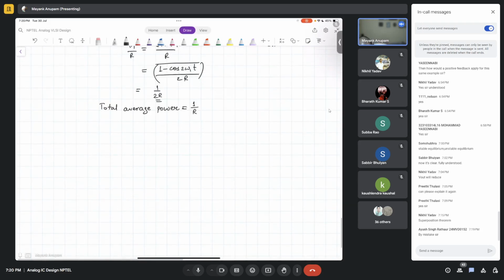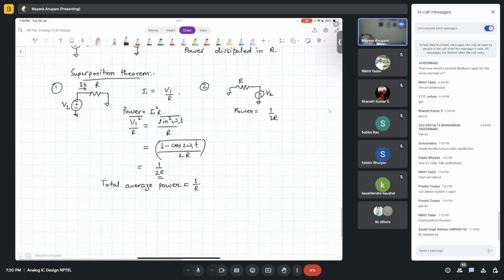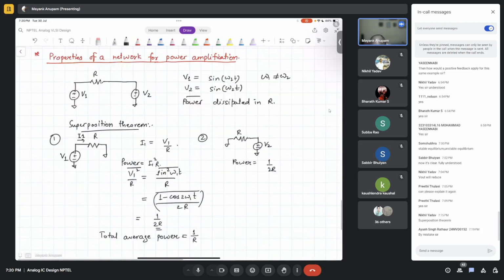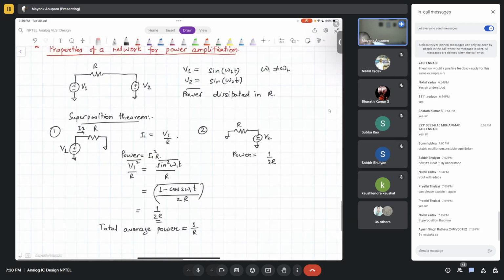Now tell me something. You said that the superposition theorem we can apply and we can find out the individual powers and then add those individual powers, right? Even if you didn't know the superposition theorem, you could have done this very easily. You know that the voltage across this is V1 minus V2, right?